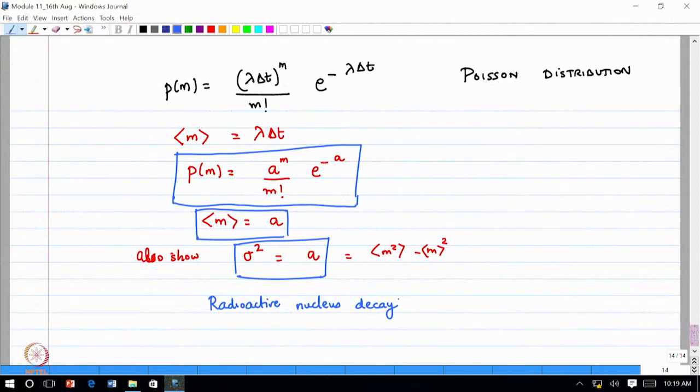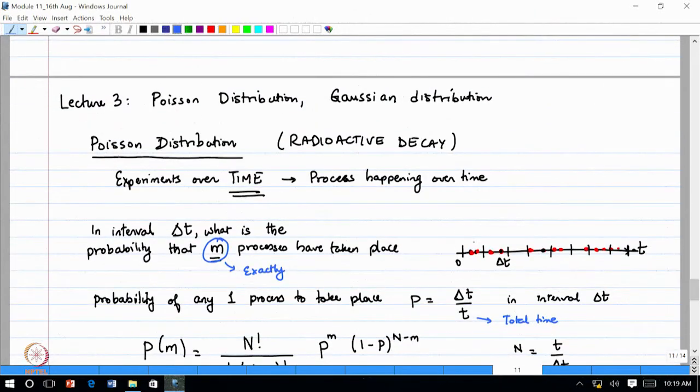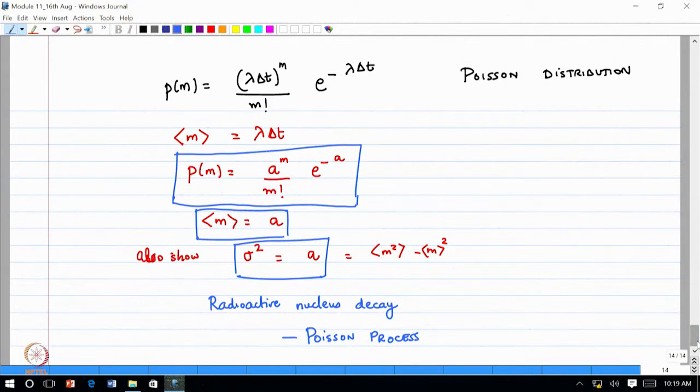In general, this Poisson distribution can be shown to work for a general process, which is called a Poisson process, where the important thing is that in any interval delta t, the probability that the process happens is equal. Just using that you can derive this Poisson distribution.